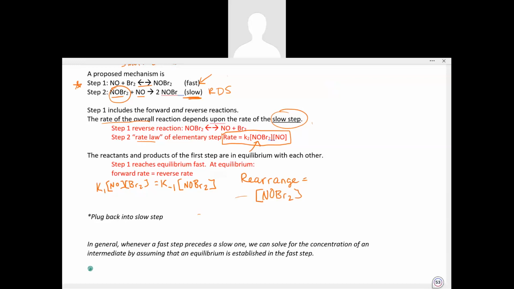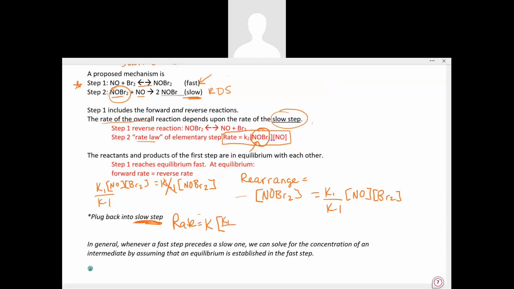So again, we're going to solve for NOBr2 by rearranging. So we're going to divide by k-1. So we get k1 over k-1 times NOBr2. And then we can take that and plug it back into our slow step equation here. So our overall rate will then equal our k, and then we're going to plug in for NOBr2.